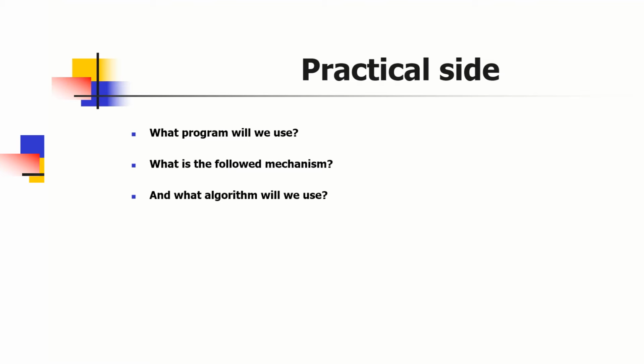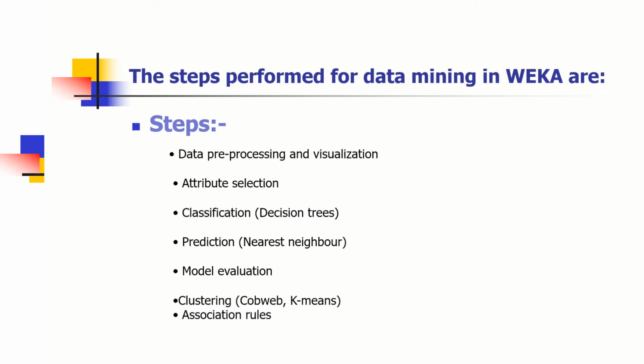Before we start with the practical side, I must clarify the following: what program we will use, what the mechanism is, and what algorithm we will use. The steps performed for data mining in Weka.